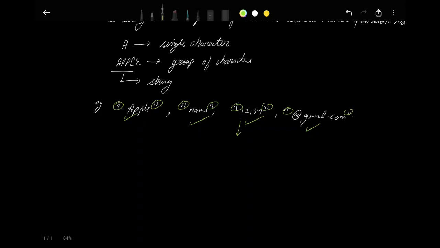Now if I write 1, 2, 3, 4, 5 in quotation marks, you may see it looks like a number. If I print this, it will print it as a number. It looks like a number, but Python does not treat it as a number, because it is inside quotation marks. Python considers it a string.